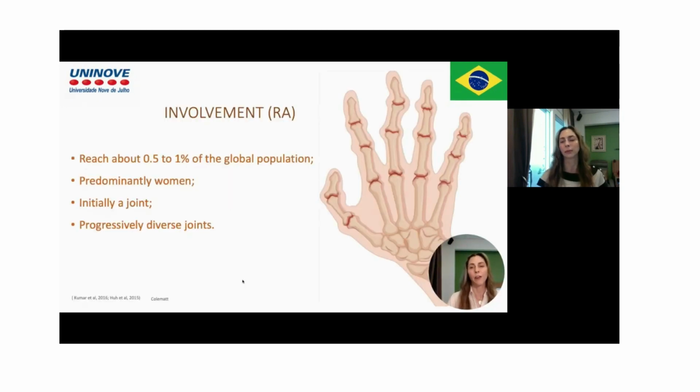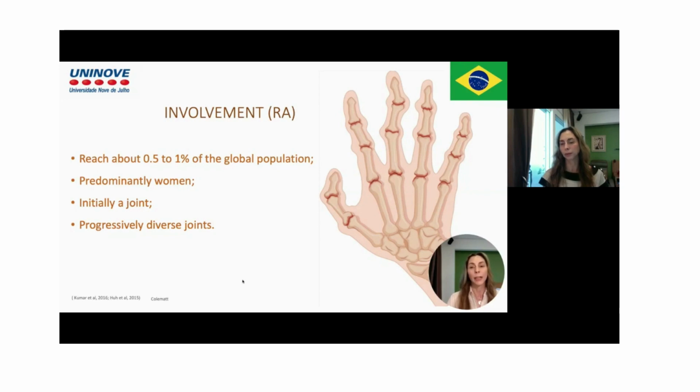Rheumatoid arthritis affects about 0.5 to 1% of the global population. But if the population between 55 and 75 years old is considered, this value increases to 4.5%.